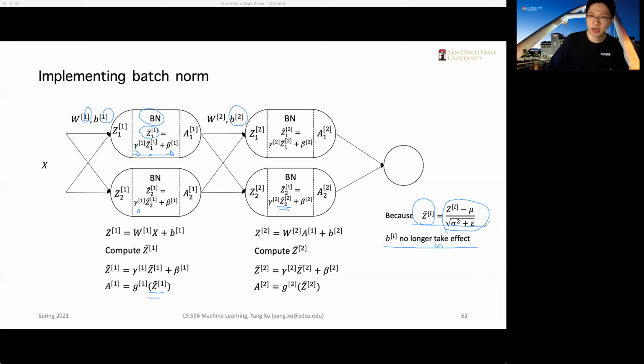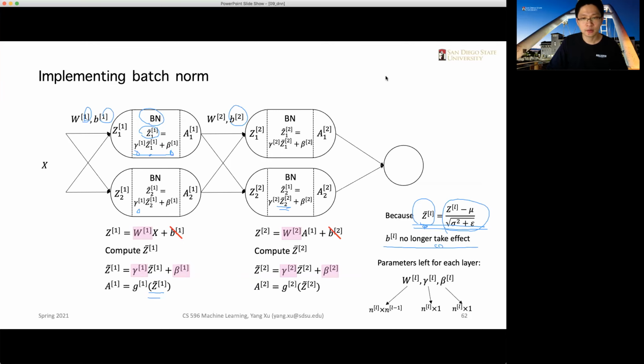If you compute the average values for Z bar, they are actually 0, so the B will not be taking any effect. So the parameters left for each layer would be W, gamma, and beta. And the shapes of those parameters are similar to the original network.